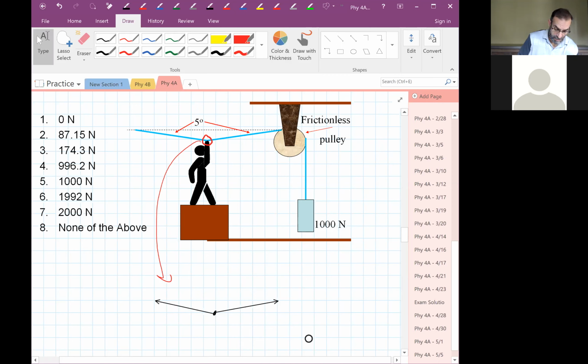Okay, those are the tensions. Those are supposed to go to the same point, but that's okay. And what else do we have acting on it? The force of the hand, right? Pulling down.